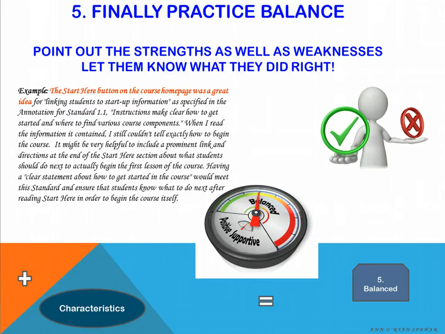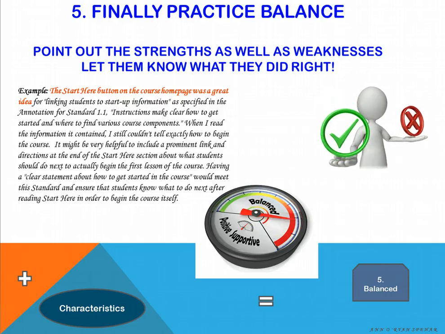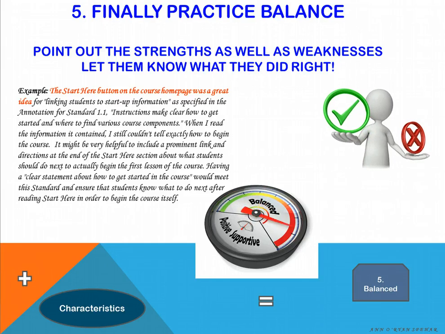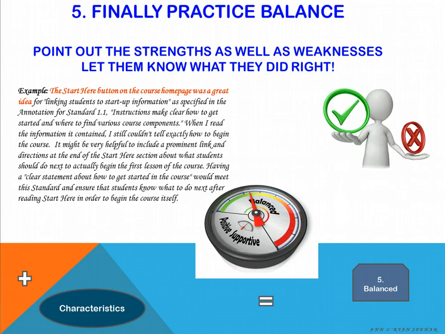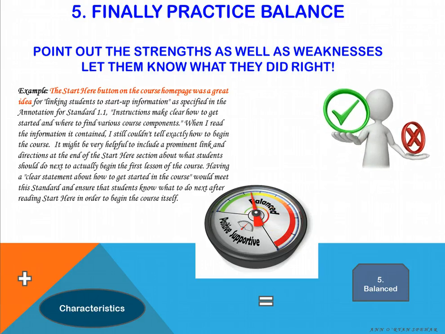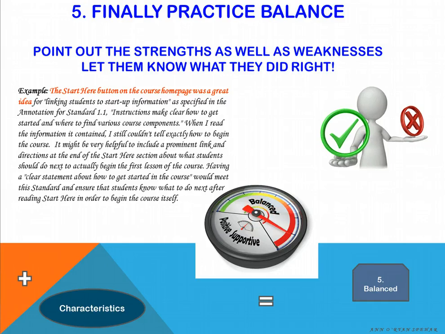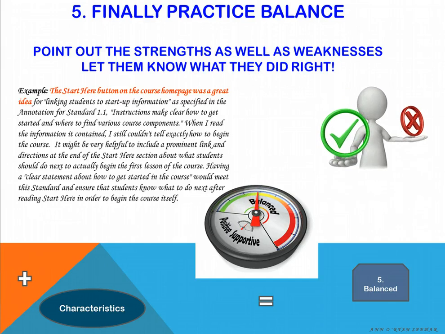Finally, we want to practice being balanced, or to come at it with a balanced approach. Point out the strengths as well as the weaknesses, but try to always include the strengths. Here's an example. The Start Here button on the course homepage was a great idea for linking students to the startup information as specified in the annotation for Standard 1.1.